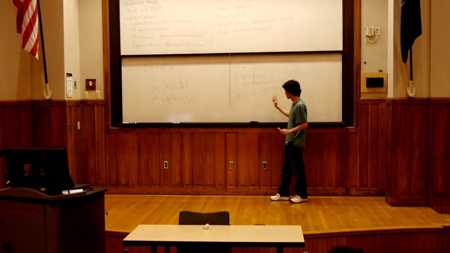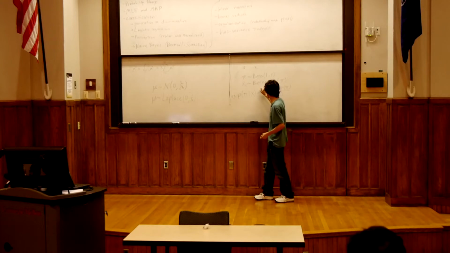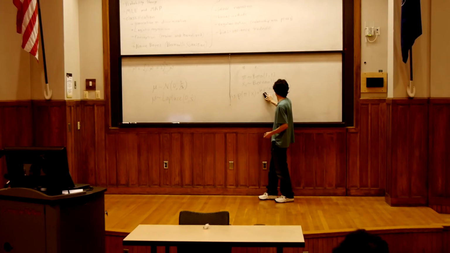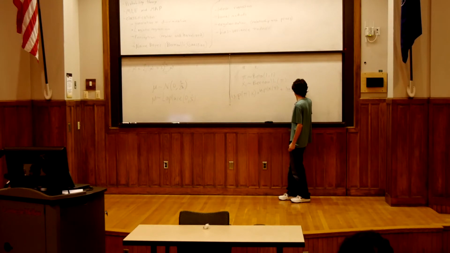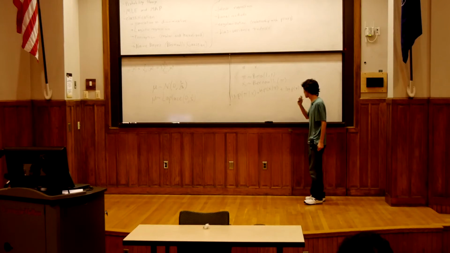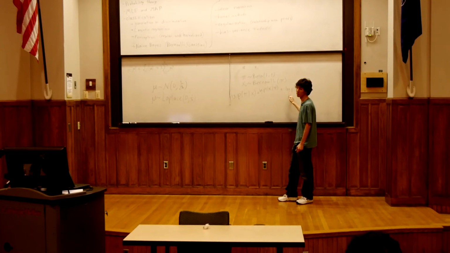And then I can take the log of this. And so you can see I'm actually maximizing the log likelihood here. This is x given pi, which is the log likelihood, plus the prior term. Right, so that's the main difference.